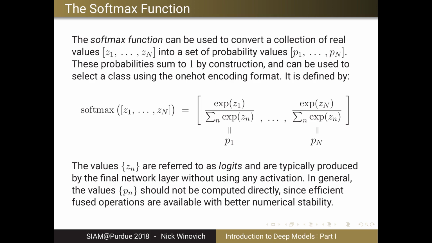A convenient way to approach this is through the use of the softmax function. The softmax function can be used in particular to convert an arbitrary sequence of numbers, in this case labeled z, which we can think of as the outputs of our neural network, and convert them to some scaled probability values.